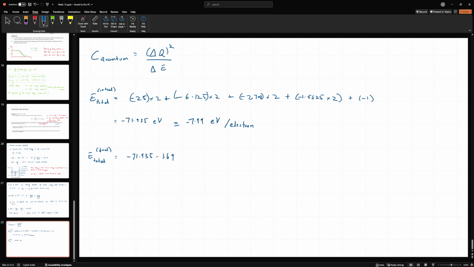So this comes out to minus 70.425. No, not 70.425, what am I saying? Sorry, sign mistake. This will come to 73.625.